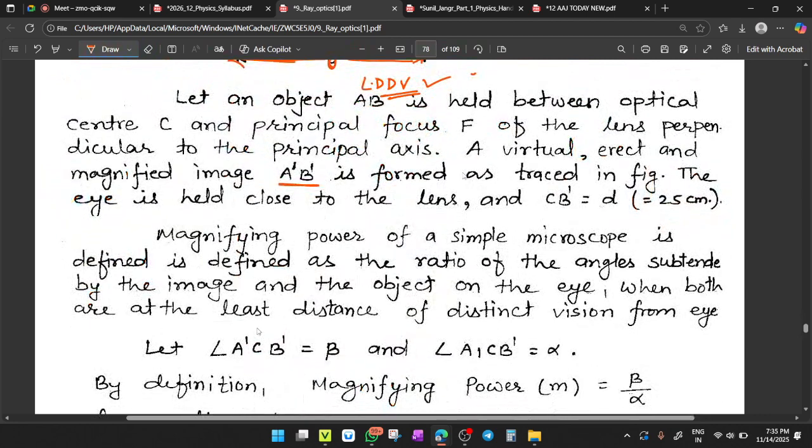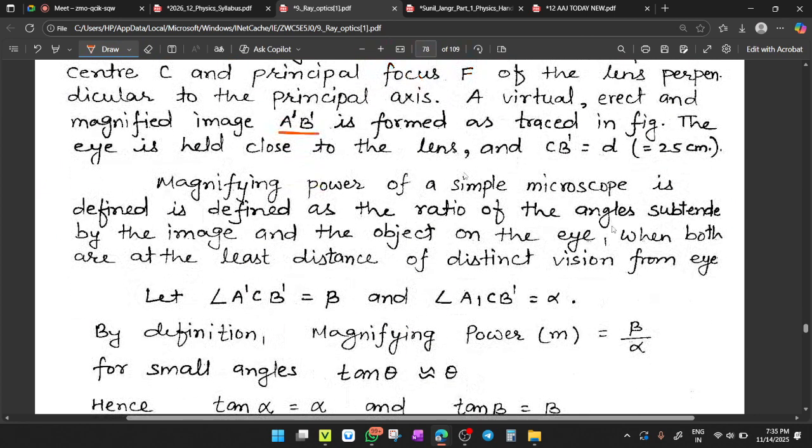Now, the magnifying power of a simple microscope is defined as the ratio of the angle subtended by the image and the object on the eye. So what is the ratio? M is equal to the angle subtended by the image, which is beta, and the angle made by the object, which becomes alpha. Clear or not?